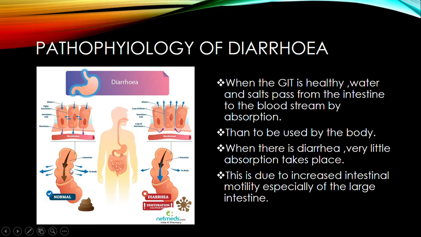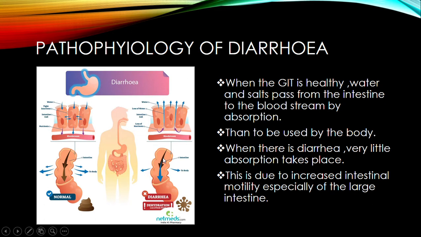Now, when there is gastroenteritis, when there is inflammation of the intestines, water is not reabsorbed back into the body cells, or the water does not move at the pace that it is supposed to move into the body cells. There is increased osmotic movement of water along the GIT.